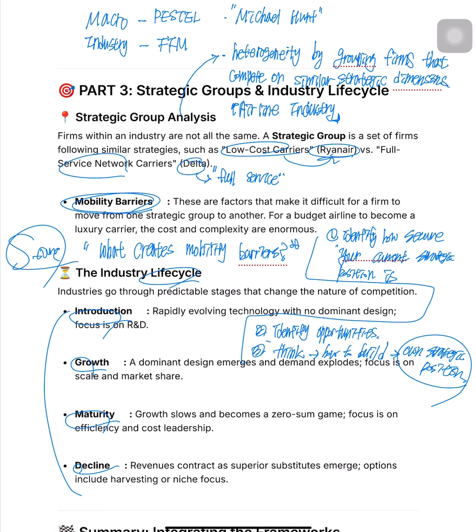So, what are the characteristics of this stage? First, the technology or product concept is still evolving rapidly. And there is no clear dominant design. Multiple competing technical approaches may coexist.